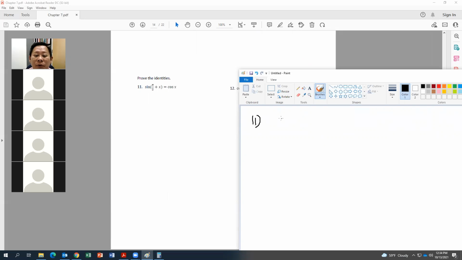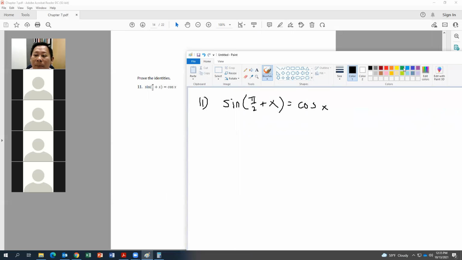You have to prove sine of pi over 2 plus x equals cosine x. We're going to apply the formula to the left hand side, because this is u and this is v.